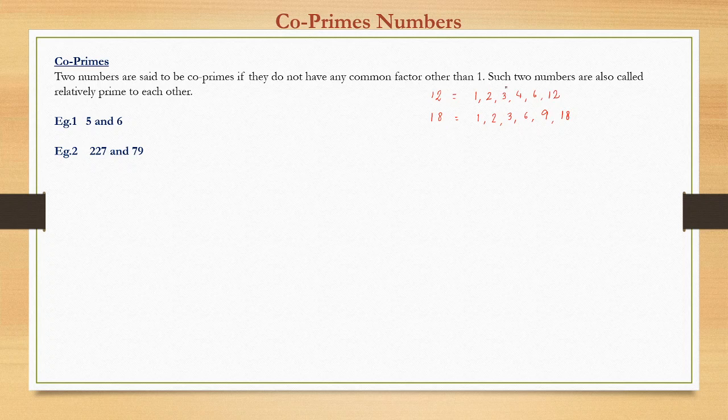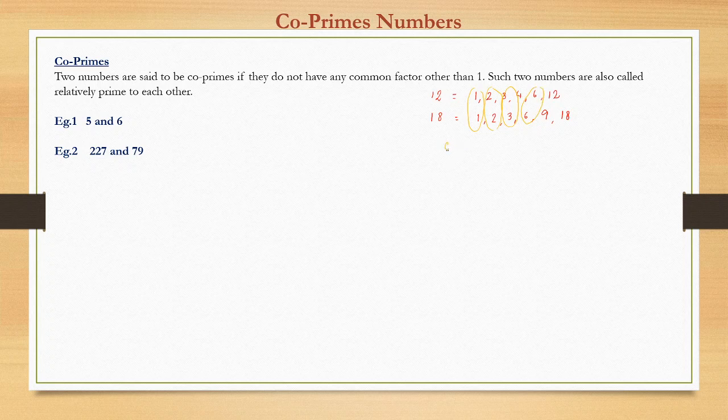Now see what are the common factors between these two. We can identify that 1 is common, then 2 is common, then even 3 is common, then 6 is common.